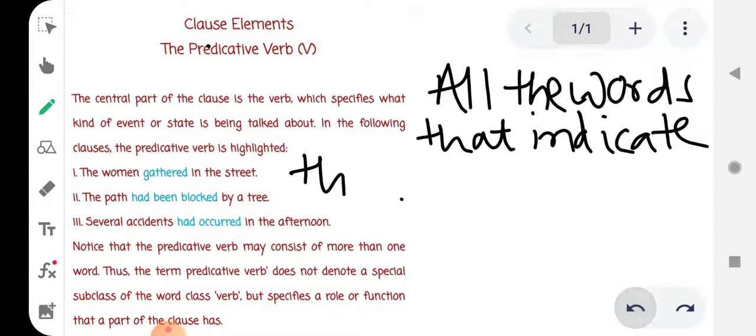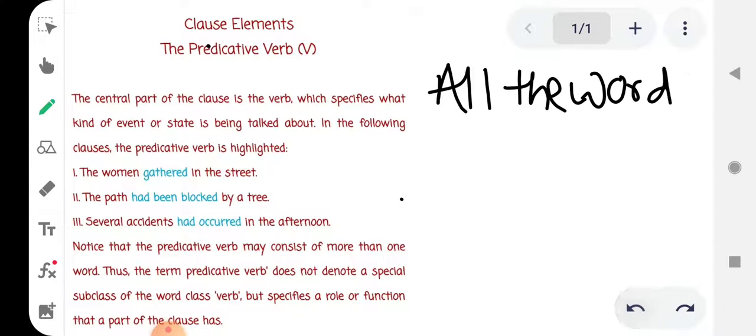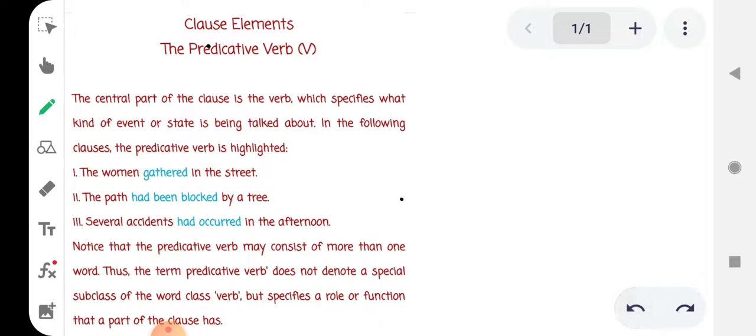Actually, a verb and a verb phrase are one and the same. Verb means any word in the dictionary which is in the category of verb, a single word. But a verb phrase means all the words that are used in a sentence to denote the total action, aspect and tense of the sentence. That group of words is called a verb phrase. Okay.